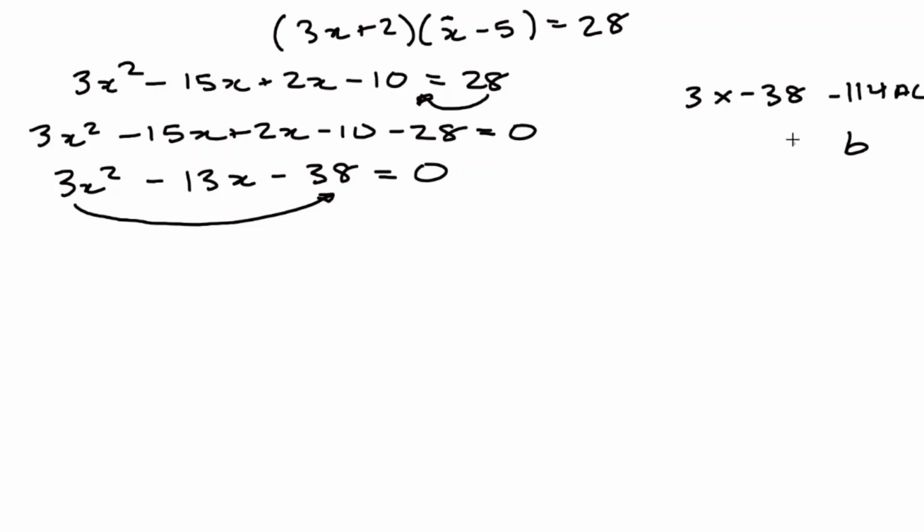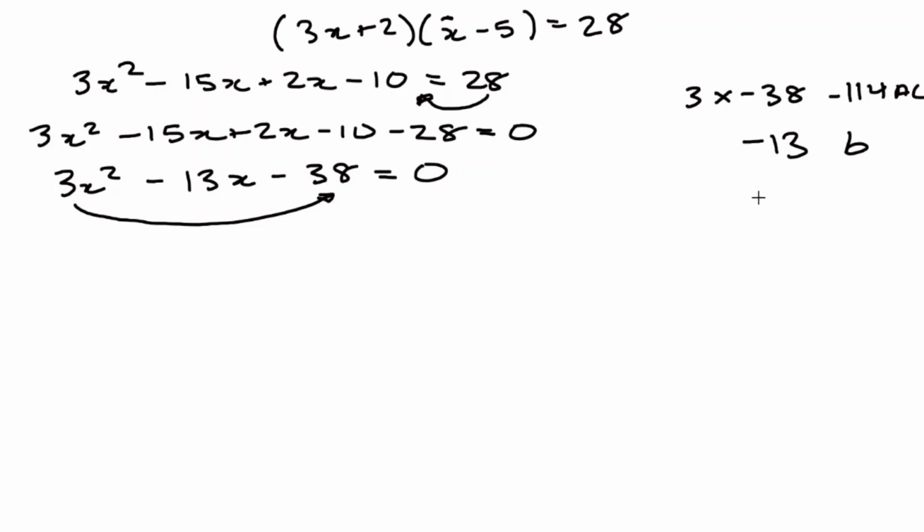That is our AC. And negative 13 is our B. So what goes into 114 with two numbers, but also adds to 13?